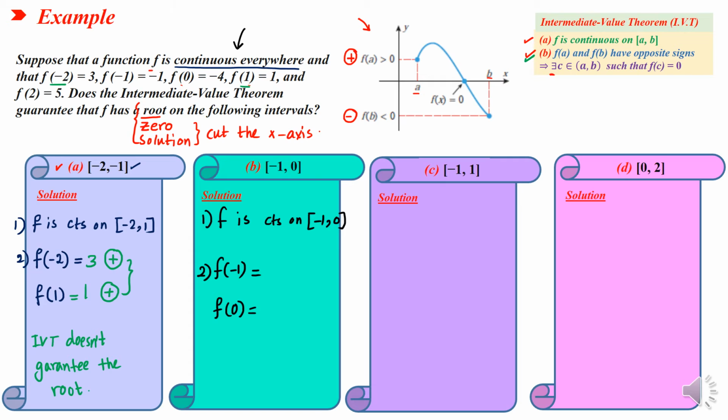Now f of -1 is given and equals -1, a negative number, and f of 0 is given and equals -5, so f of 0 is also negative. We have the same signs for the images of the endpoints under the function f, which means the I.V.T. doesn't work in this interval.